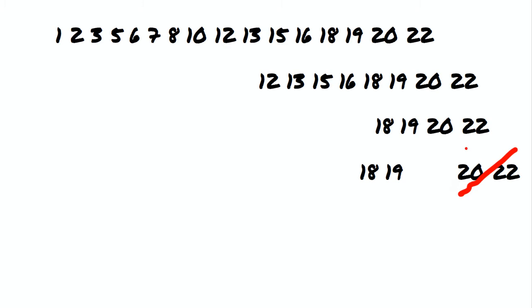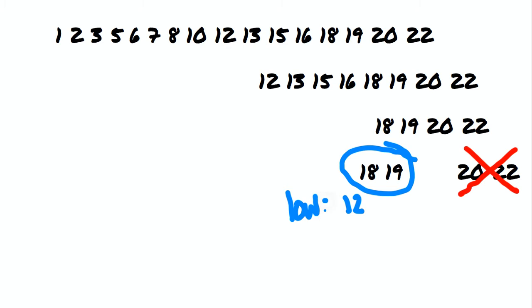So abandon this upper half, giving us the lower half. So take note that this is index 18. So if this is 15, 14, 13, 12, the low is 12 and the high is 13.